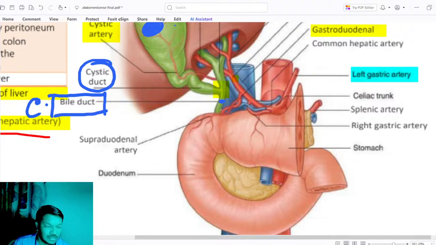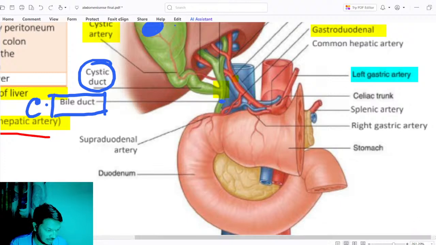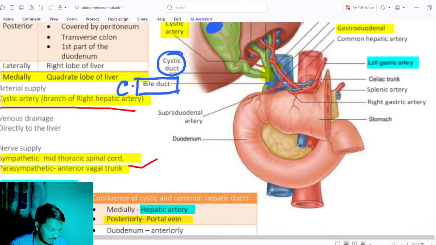We put a T-tube, and to remove that stone if it is in the CBD, we use ERCP, endoscopic retrograde cholangiopancreatography. You will read this in MRCS, then it will be easy.